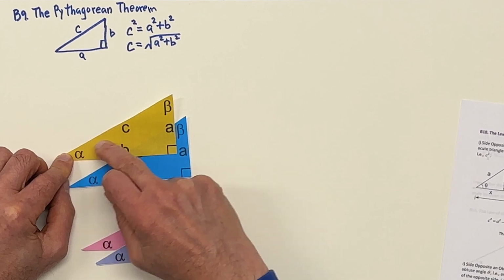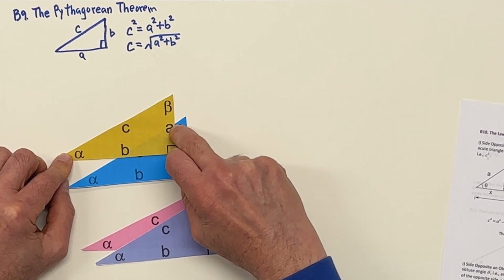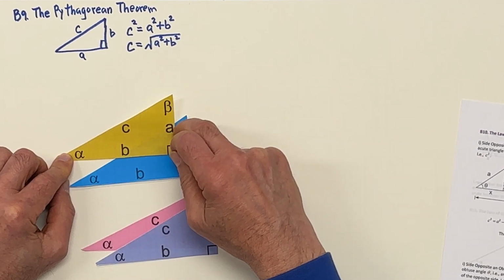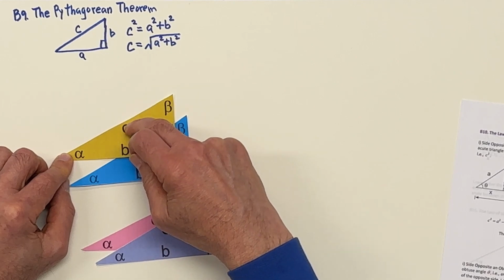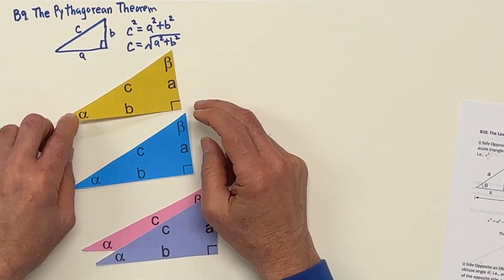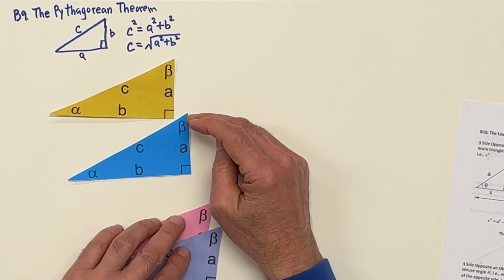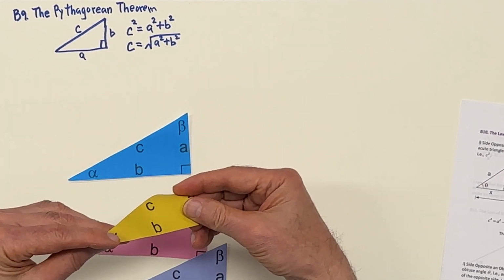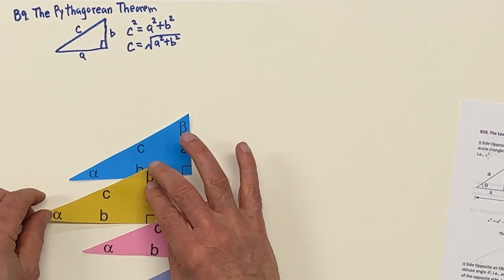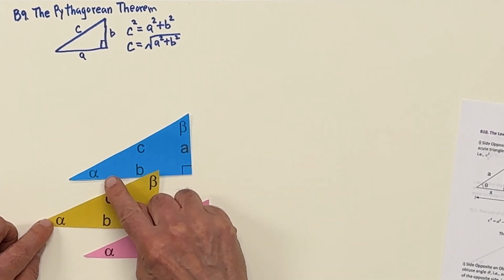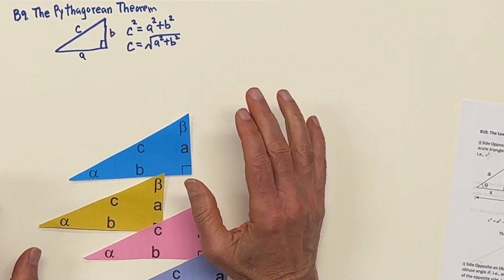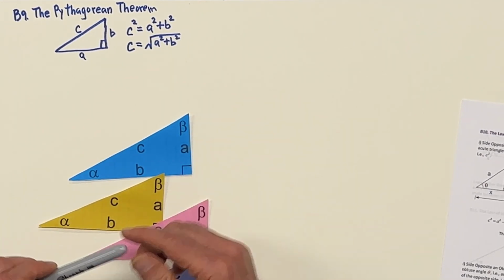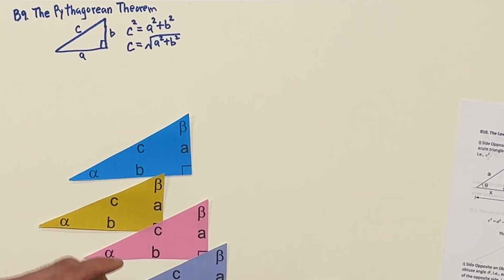The first Greek letter is alpha, first Latin letter is A, so they kind of go together, and then beta and B. C is paired with the 90 degree angle there, the right angle. Now we're going to need to know that alpha and beta are complementary. That means that when you add them together, you get 90.